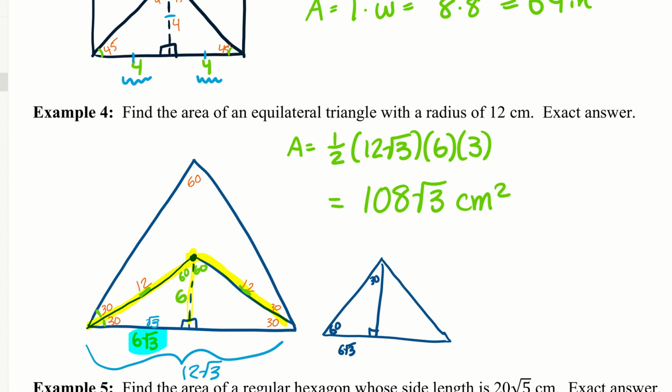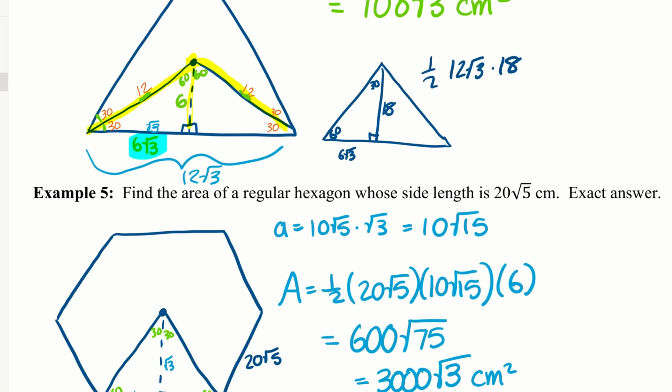So my height of my triangle would be 18. So then the area using base times height would be 1/2, 12 root 3 times 18, which we can see is the same as this up here, since 6 times 3 is 18. So it does give us the same thing, and in this case it actually makes more sense to use the apothem since it's kind of constructed in that way.